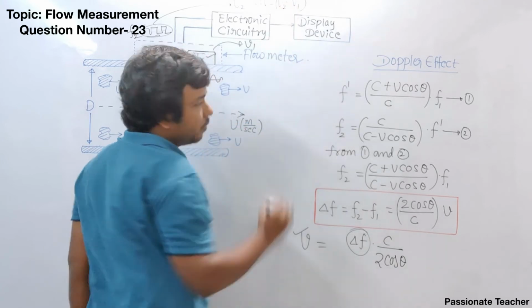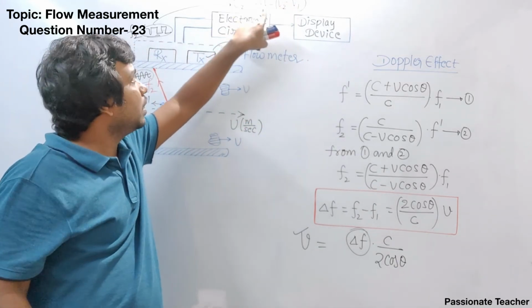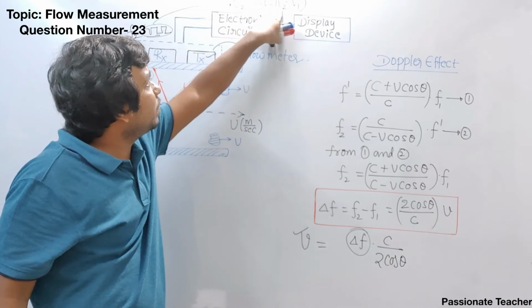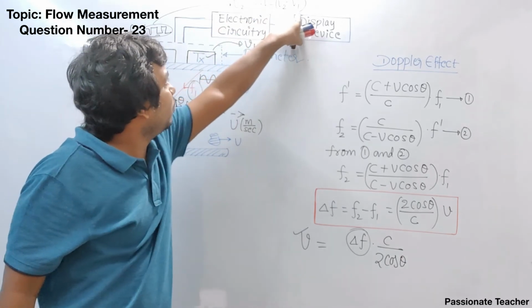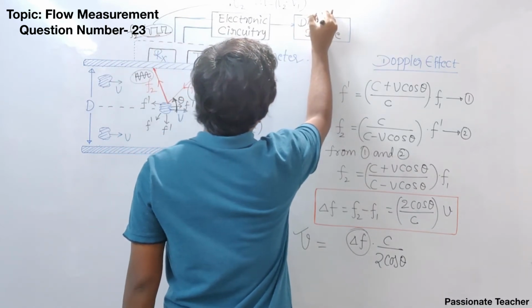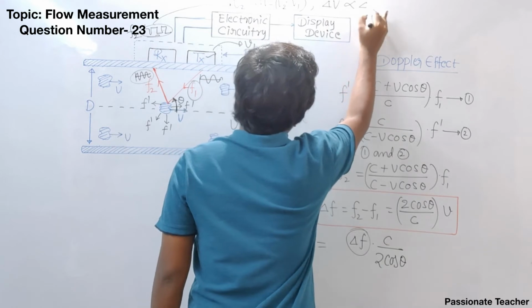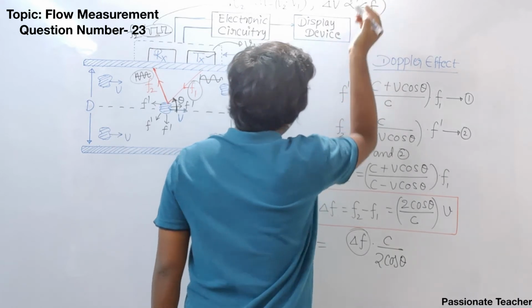Once we calculate V2 minus V1, that is the differential voltage, as there is a relation between V2 and F2 and V1 and F1, delta V is related to the differential frequency.